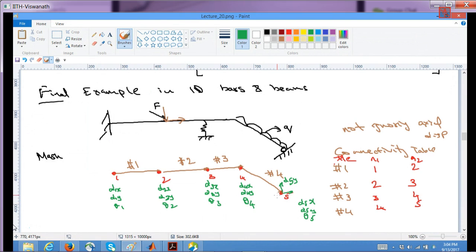But I don't like this one in the global coordinate system. These are in the global coordinate system. Instead, I prefer to write here in the local coordinate system.